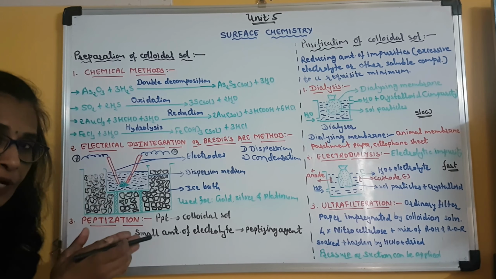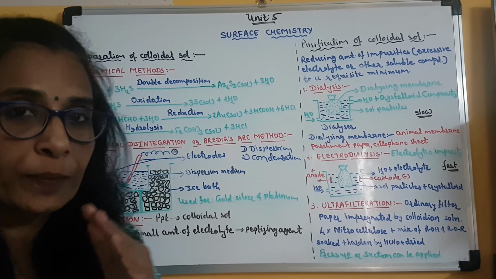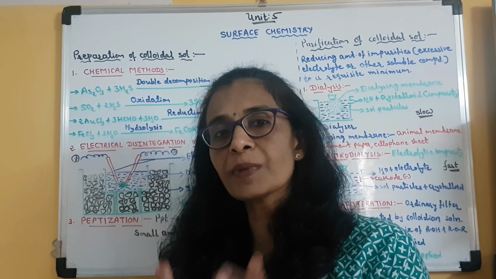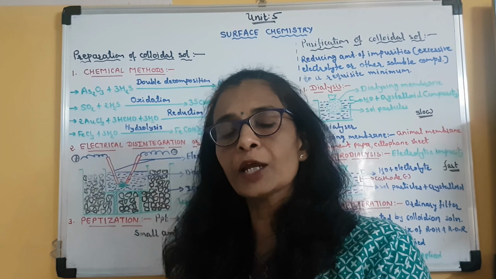Peptization means converting freshly prepared precipitates into colloidal size particles. That is called peptization. In order to convert precipitates into colloidal particles, some suitable electrolytes are needed.